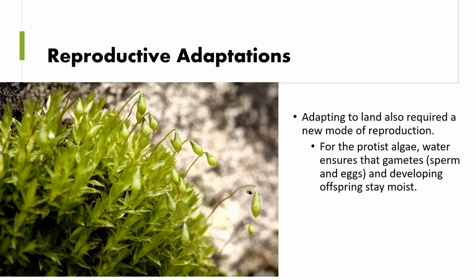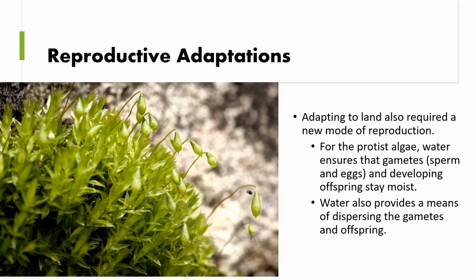But if you have a plant that's on land, drying out is going to be a problem, and sperm being able to get to the egg is also going to be a problem if it needs to swim there. So water is going to be able to provide the means of dispersing the gametes and offspring in algae, but not in plants. So we're going to need to start to deal with this.